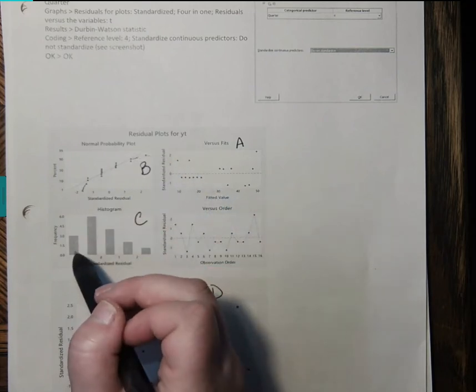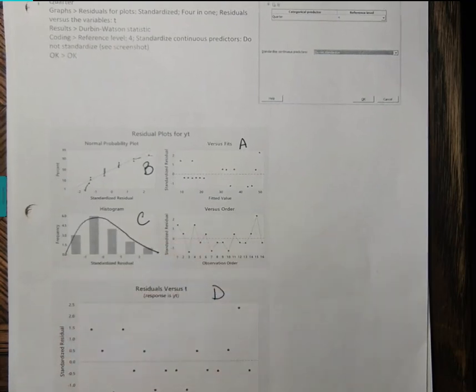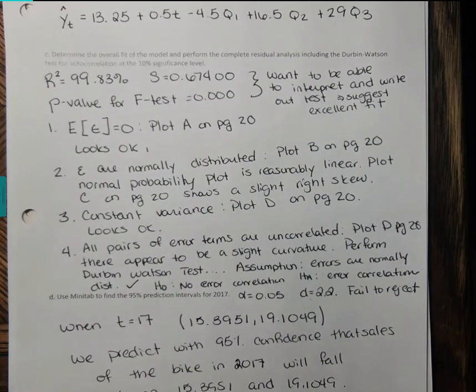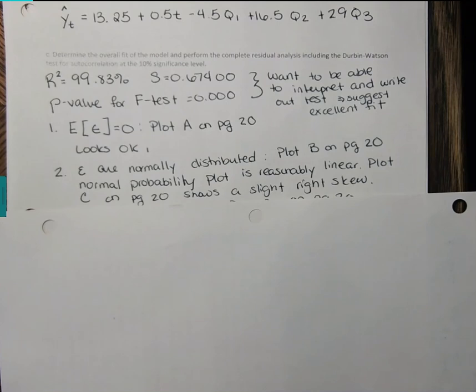Also, we could look at our histogram here in plot C, and you'll notice there is a slight right skew here. Again, I'm not too concerned. We do have a little bit of evidence against the normality, but it's not a very strong skew, and the QQ plot doesn't look awful, so I'm not too concerned.